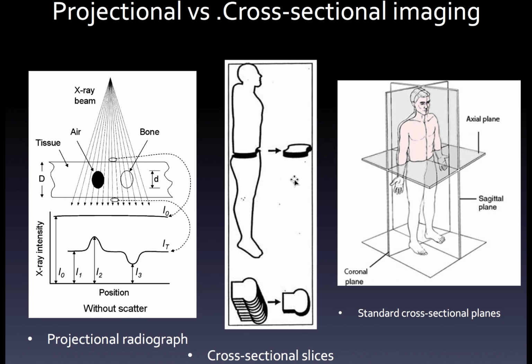Cross-sectional imaging, it's as if we're examining just one single slice of tissue at a time, and you can imagine that sort of like a slice of a loaf of bread. And when we look at a CT image, we're only considering the tissue and the information that is on one single slice at a time.